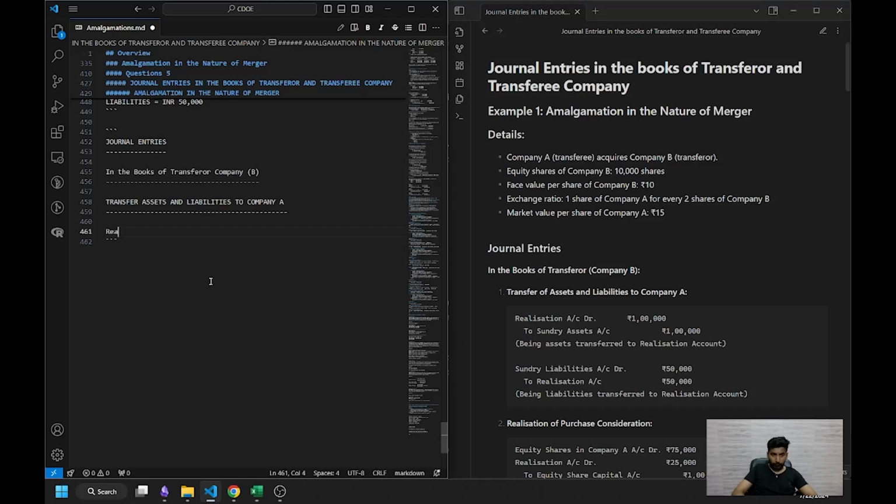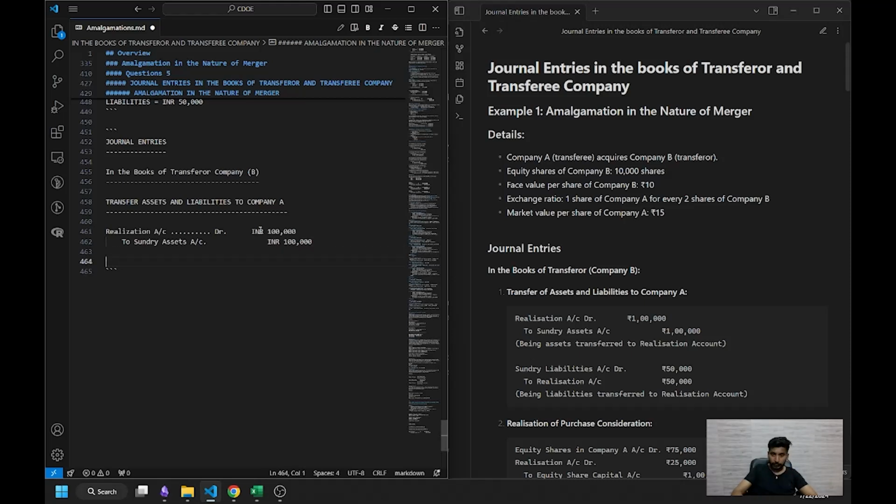Then the first thing will be realization account will be debited to sundry assets account. That means we have the assets of rupees 1 lakh, and this will be the entry.